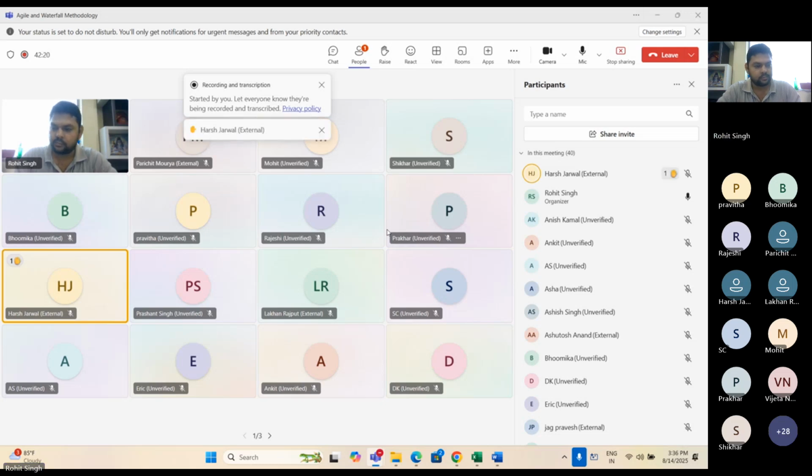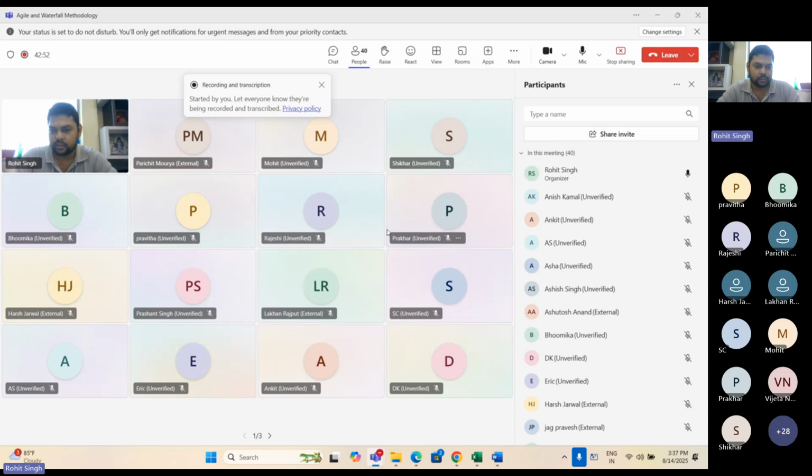Yes, Harsh bhai. Sir, I wanted to ask: suppose the project is completely from scratch, then we follow Agile, preferred. And if the client wants only a particular feature, that I need this, then you can follow the Waterfall methodology. Very true, Harsh bhai, it is already being discussed during the pre-sales meeting. So the product owner, solution architect, dev lead, and the client panel already discuss what they need to follow as a practice, as a methodology, and most of the time it is Agile that they are going to use. Okay sir. Okay, Harsh.